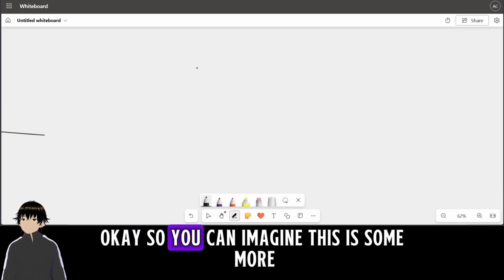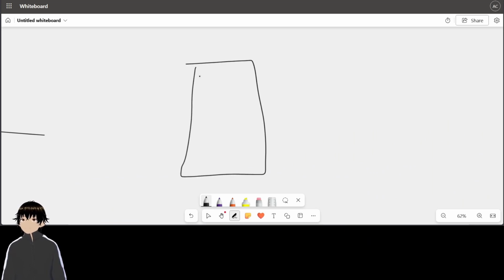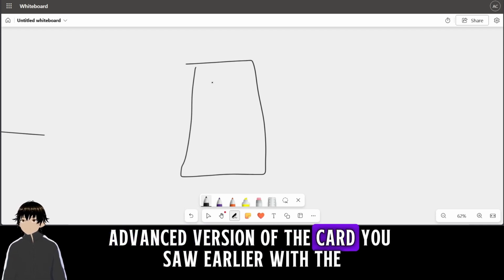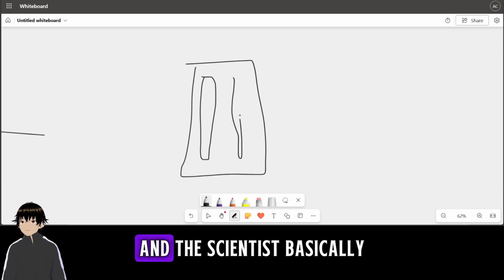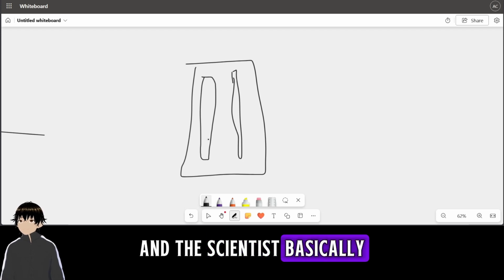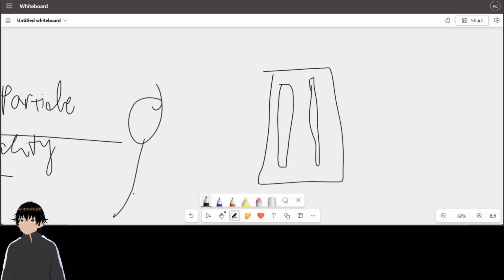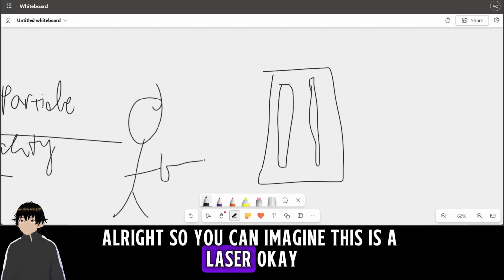So you can imagine this is a more advanced version of the card you saw earlier with the two slits on it. This is a laser.